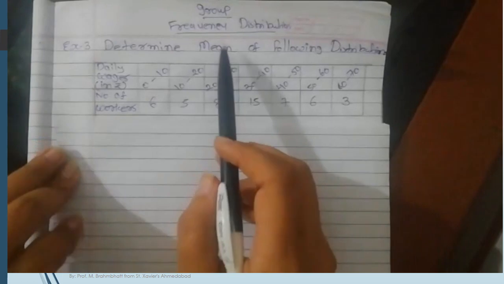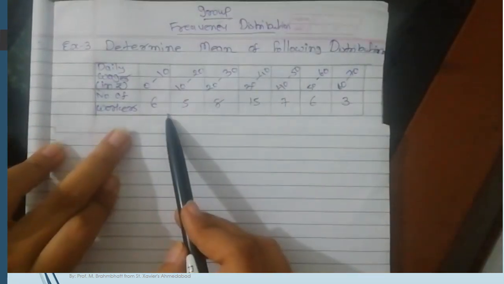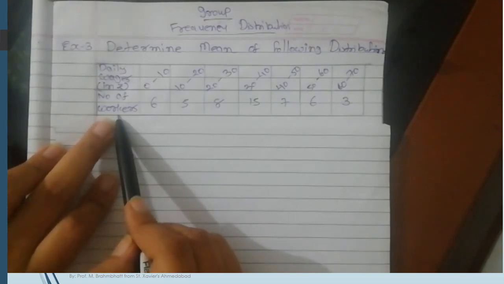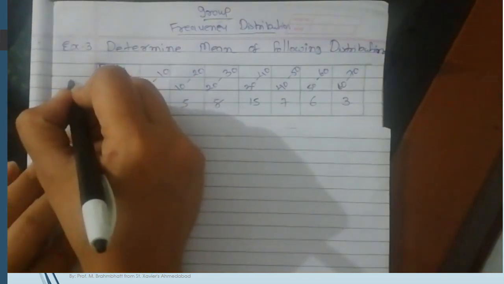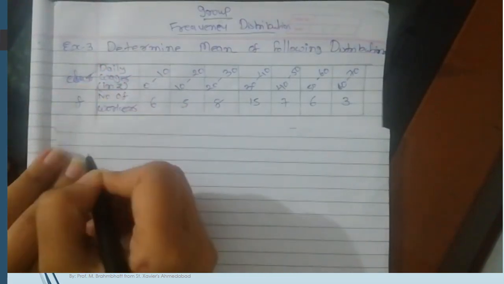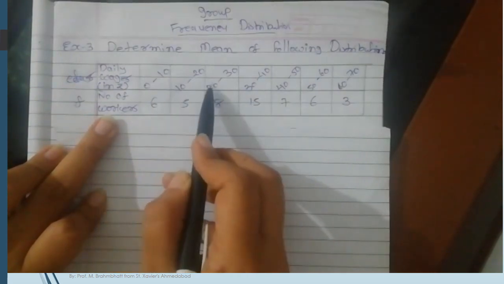Now let's see the example for the group frequency distribution. Let's understand the question first. Determine the mean of the following distribution. The daily wages are given in classes, along with the number of workers. So the classes and their frequencies are given, such as 0 to 10, 10 to 20, 20 to 30, and their frequencies.